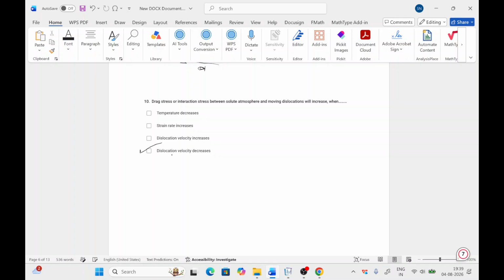So dislocation velocity decreases. Temperature should not increase. With strain rate increase, the dislocation will freely move without any solute atmosphere interruption. So only D option is correct: dislocation velocity decreases.